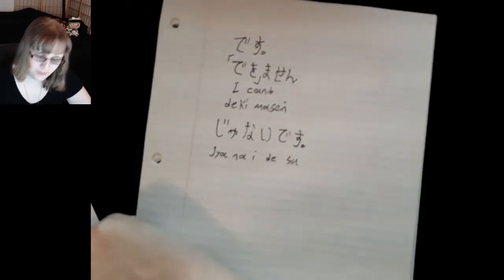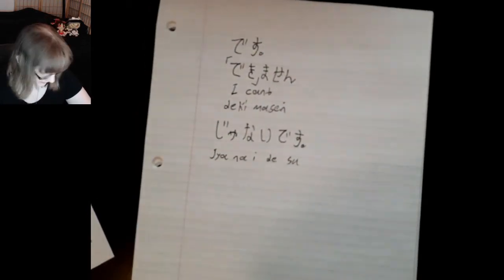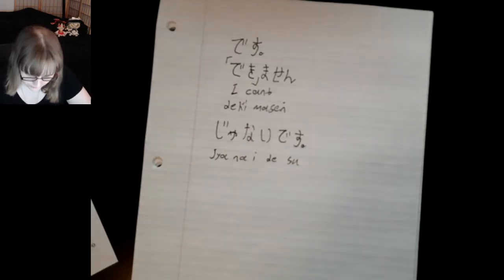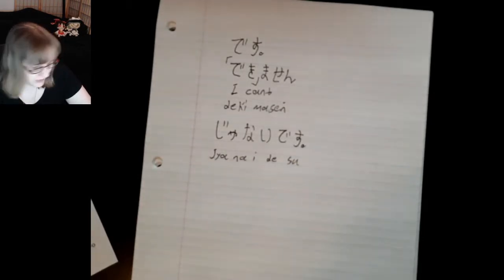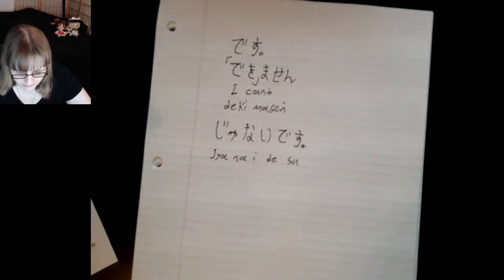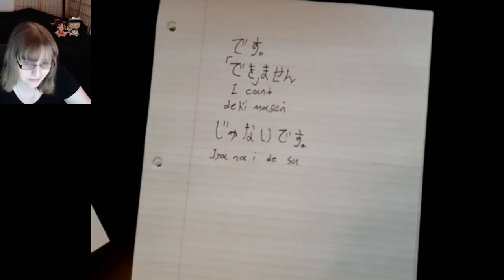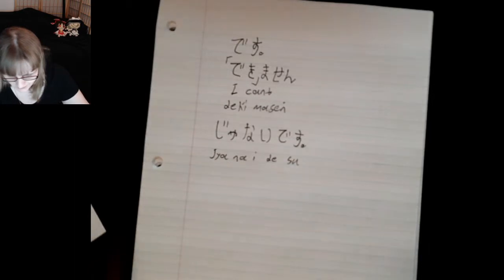That would be the way of saying the negative form of desu, which can get a little confusing when we get into masu verbs later because masu has masen, but verbs is another story.